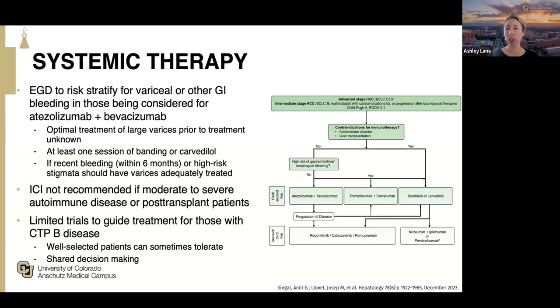And then I included just a basic decision tree from the oncology-based guidelines, outlining the systemic therapy options and the decision tree for using them: the risk of GI bleeding, whether they have underlying contraindications, and walking you through that as well.